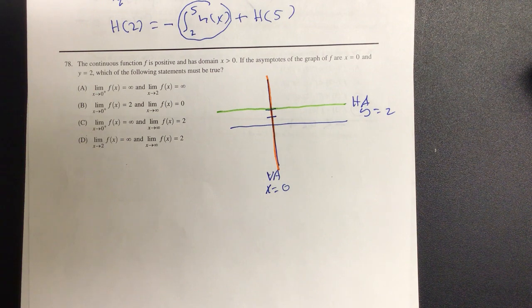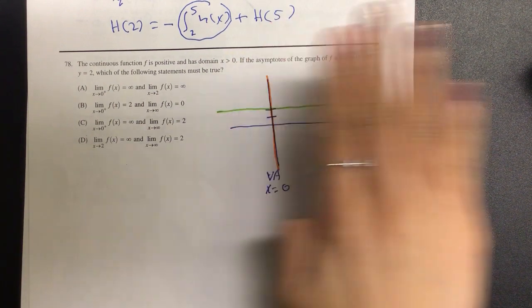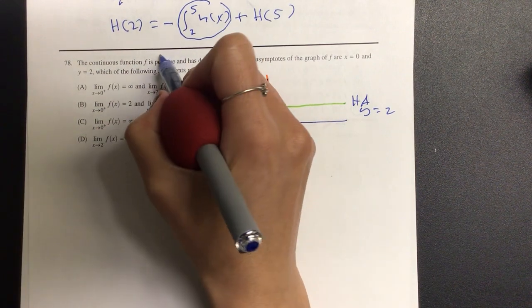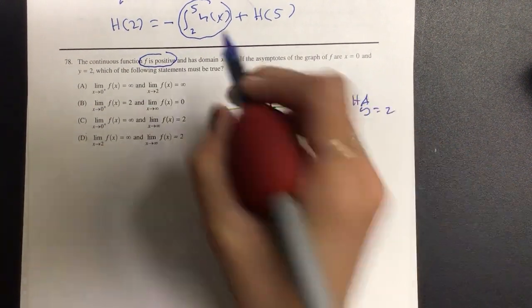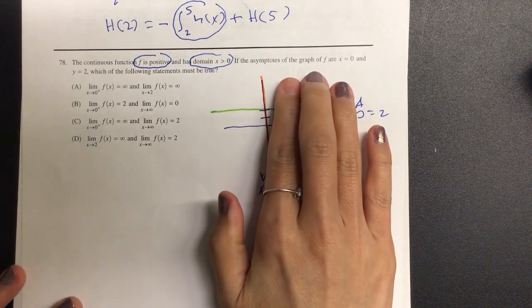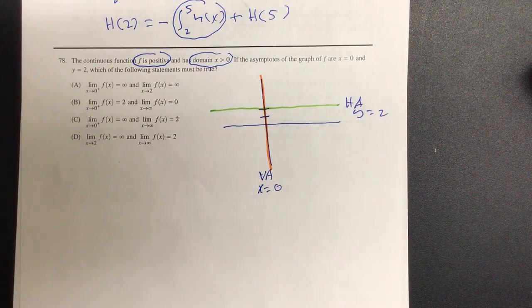It says we're looking at which of the following statements must be true. So we're looking at everything on the right. The function is positive, so y values are positive, and our domain is positive. So am I going to graph my function on the top right or the bottom right?